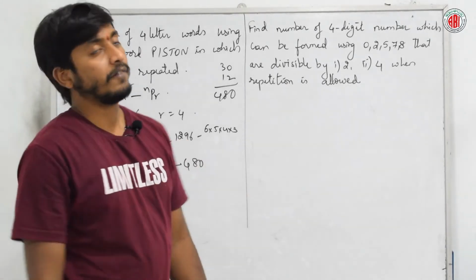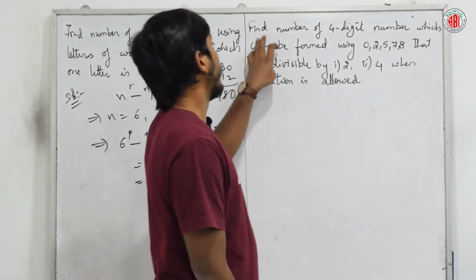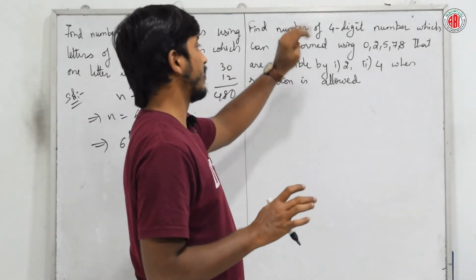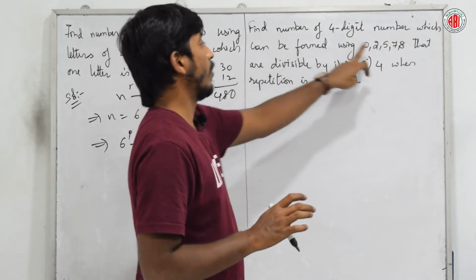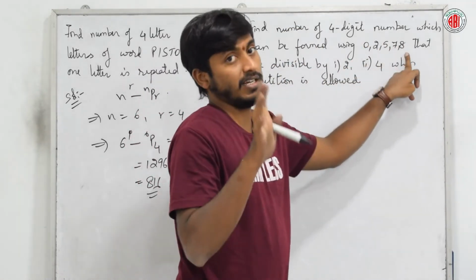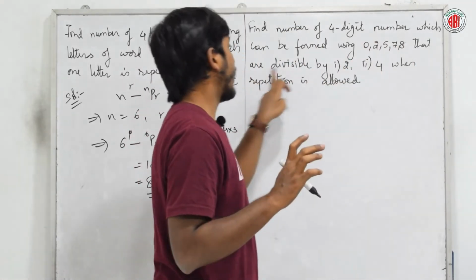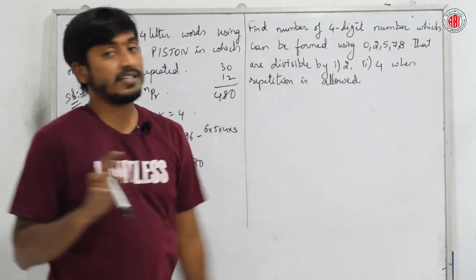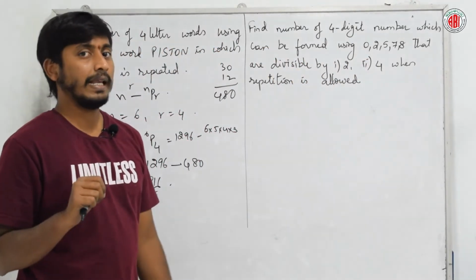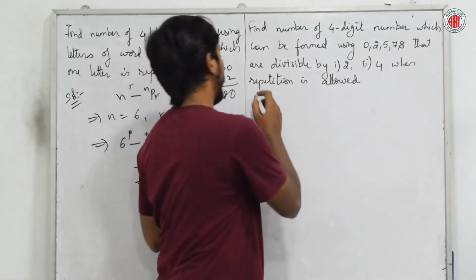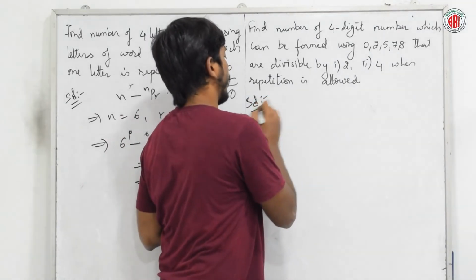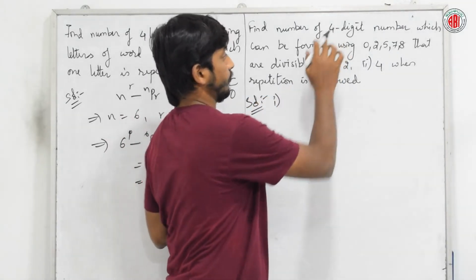Clear? Fine. Look at the next question here. Find the number of 4-digit numbers which can be formed using the digits 0, 2, 5, 7, 8 that are divisible by 2 and 4 when repetition is allowed. Clear? Now tell me, how many digits do they want? 4 digit.